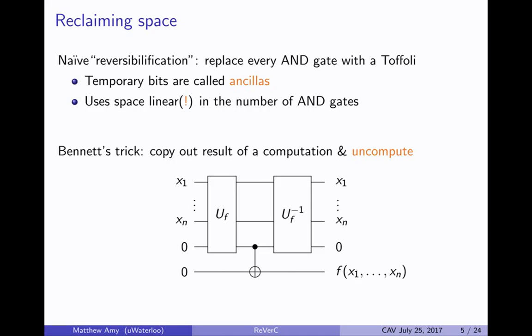Bits are on the horizontal lines and time flows left to right. So this computes Bennett's trick for some function f. Basically, you have your forward circuit, the u of f, that computes f into the first ancilla. Then you copy into the second ancilla and just run that initial circuit backwards to get back to your initial state.